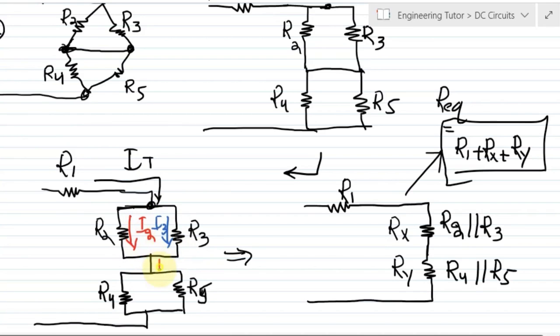Similarly, these two will combine here again. Let me use the black color here. These two will combine here again, and at the end again these two will be here, where it will be I4 and I5.